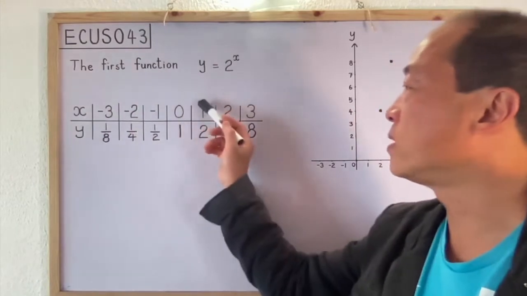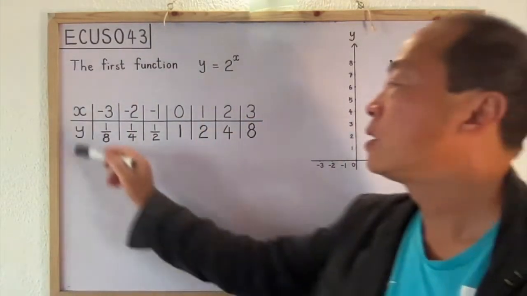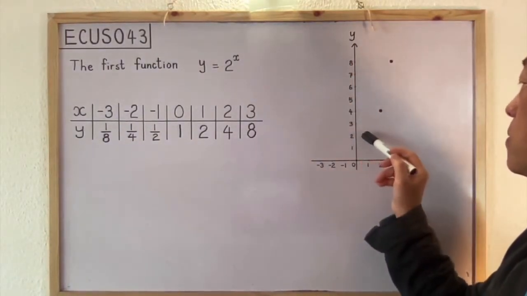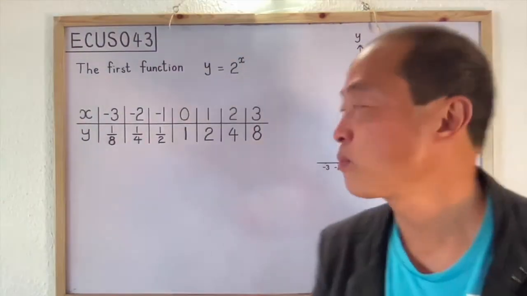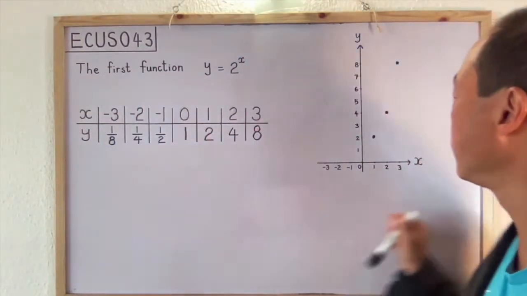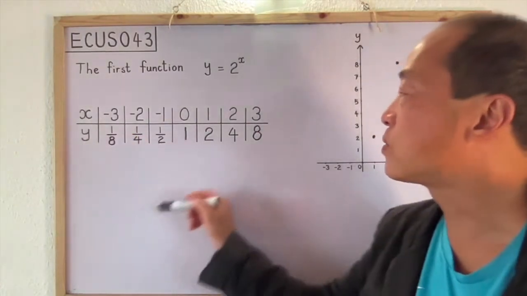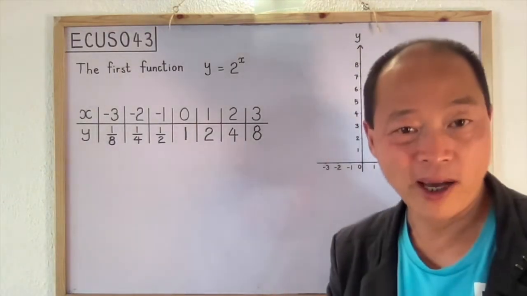When x is 1, y is 2. We have this point. When x is 0, y is 1. We have this point.